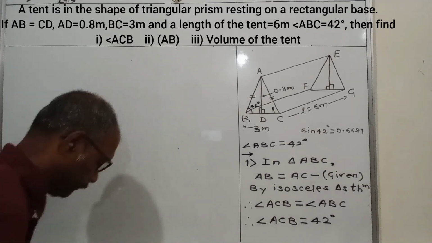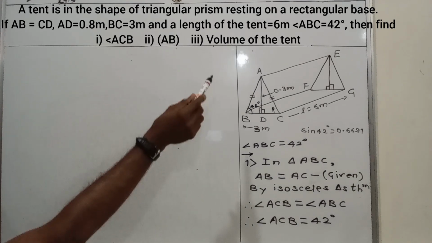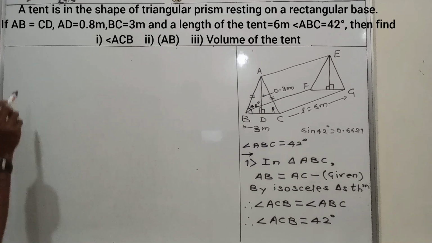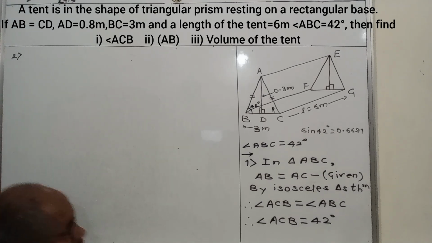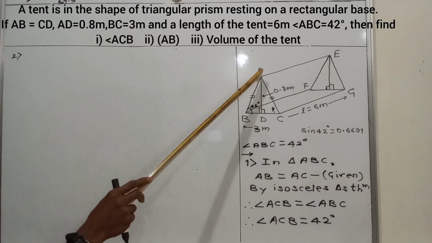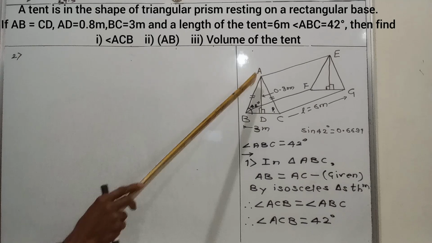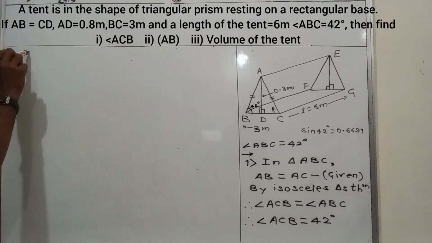Then second, find AB. In triangle ABD, because AD is perpendicular, triangle ABD is a right angled triangle.